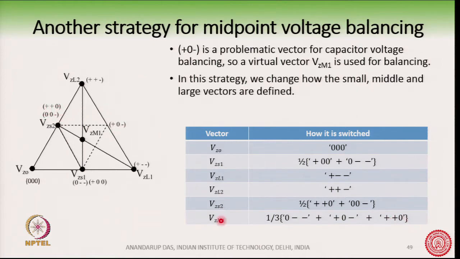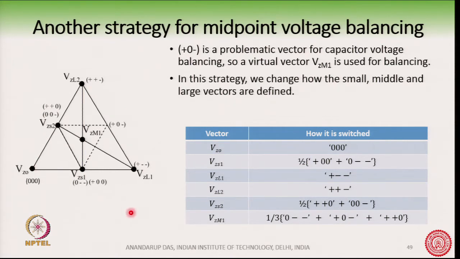So, by switching plus plus 0, plus 0 minus and 0 minus minus for 1/3 durations of time, we get the Vz_m1 vector. Now in our sector we do not have this vector.